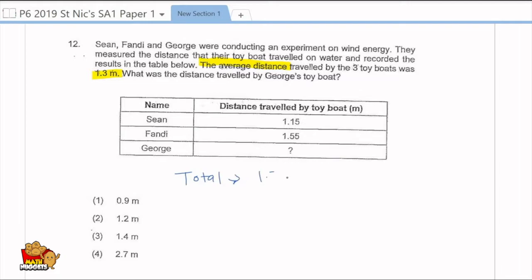Total would be 1.3, and there's 3 of them. It's 3.9. So in order to find George, we simply need to take the total minus Sean and Fundy. So 3.9 minus 1.15 minus 1.55. What I would prefer to do is to add what I need to subtract first. So 1.15 plus 1.55.